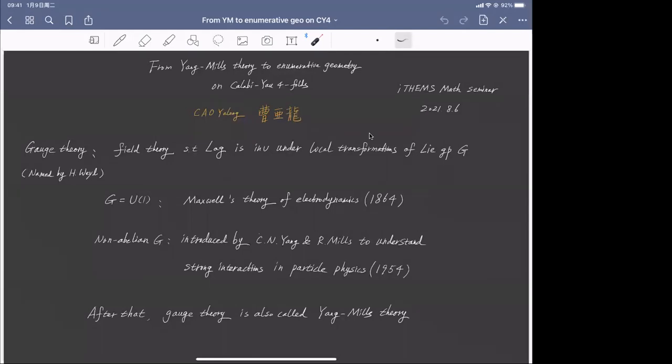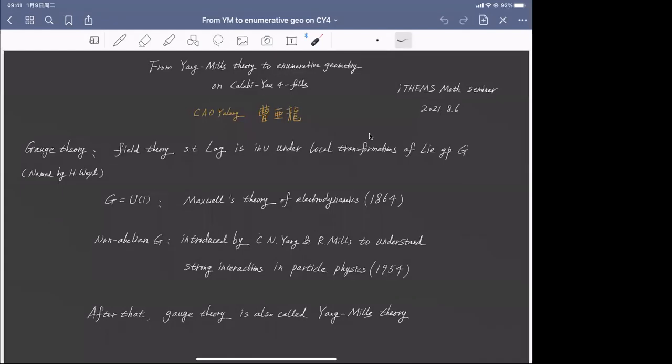When this Lie group is the simplest one, a commutative one, the unitary group, this Abelian case, then the most important example of gauge theory is Maxwell's theory of electrodynamics, which goes back to the 19th century.